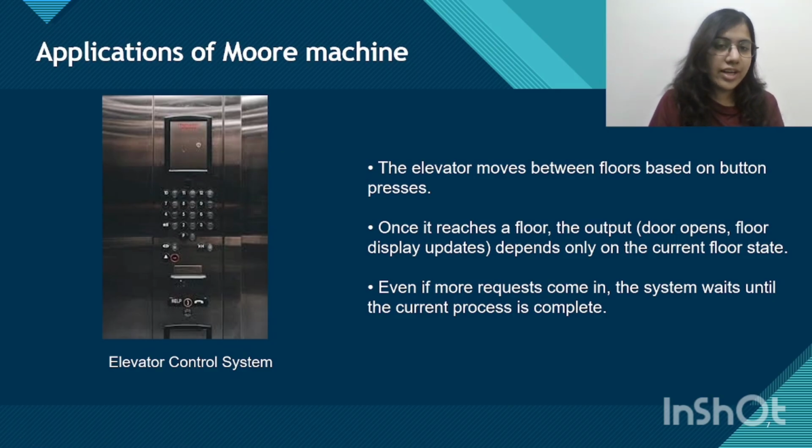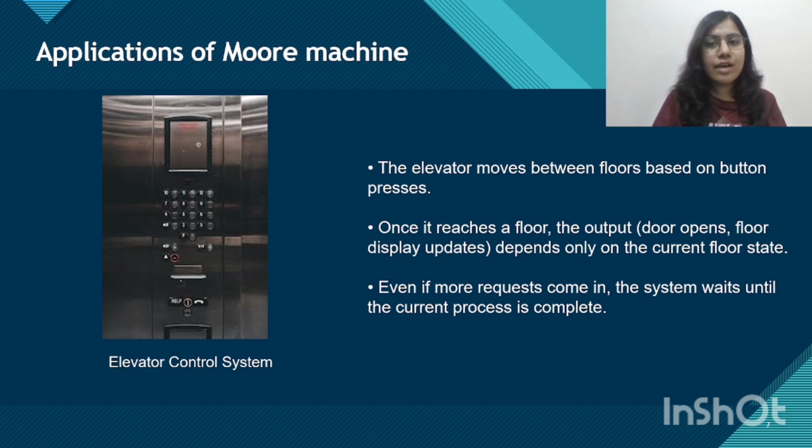We'll now relate Moore and Mealy machines to real life examples. For the Moore machine, our first example is the elevator control system. As we have seen in an elevator, we can move between different floors when we press the button. Once we reach a particular floor, the door opens and it only depends upon our current floor state and not on the other floor states.